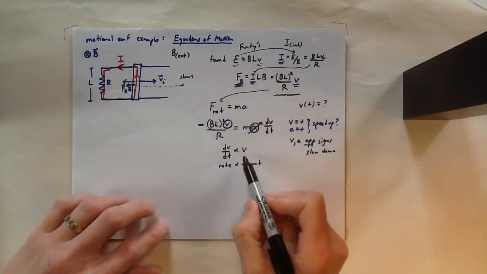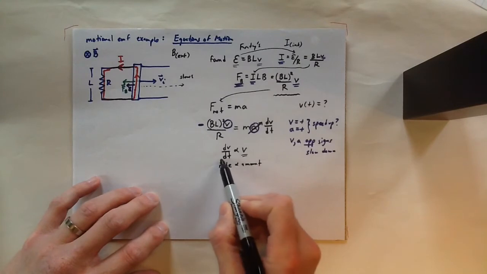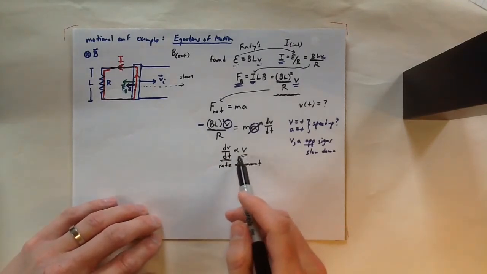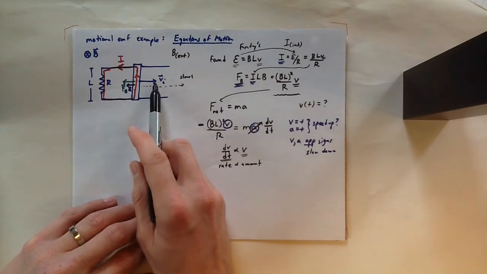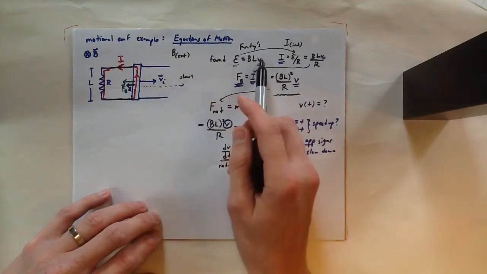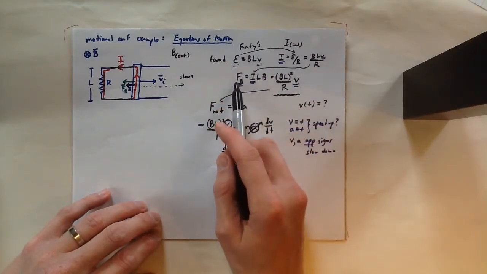So when the speed of my bar is very high, I will also decrease it very rapidly. That makes sense because when the bar is moving very fast, the flux change is very high, the EMF and current are very high, and that means that the force pulling against the motion is also very high.